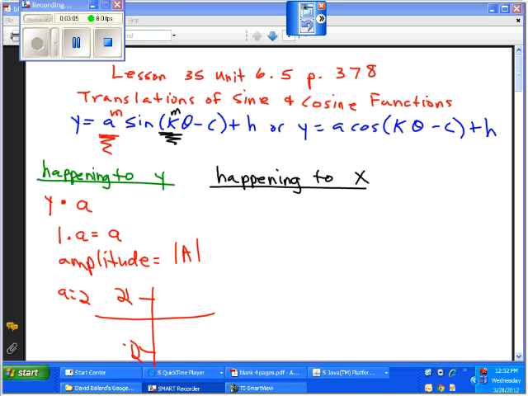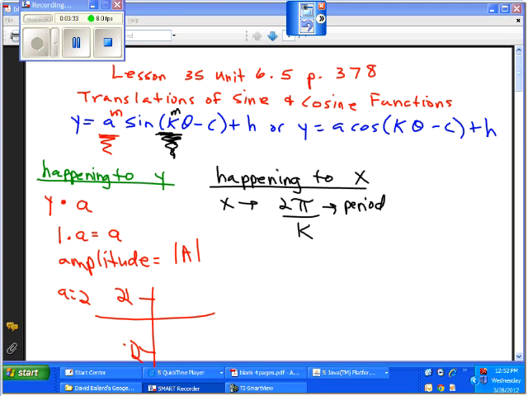so we would do the inverse of multiplication, which is division. And when we talk about x, what is the normal distance x goes? 2 pi, and we call that the period, so the normal period was 2 pi. And we said what's going to happen to x is what's inside in the inverse order of operations. So we would do the inverse of multiplication, which is division.